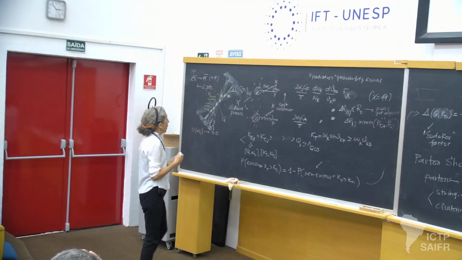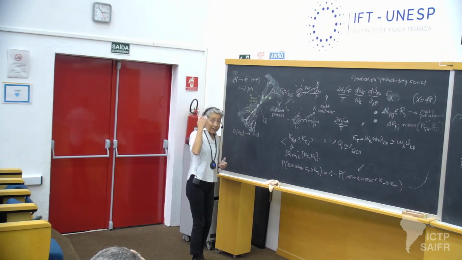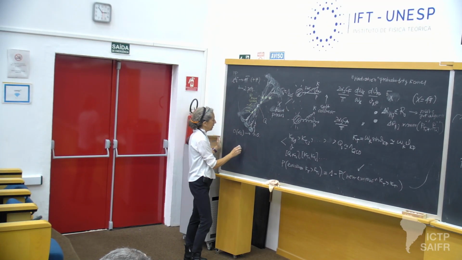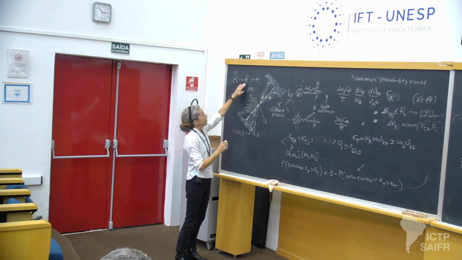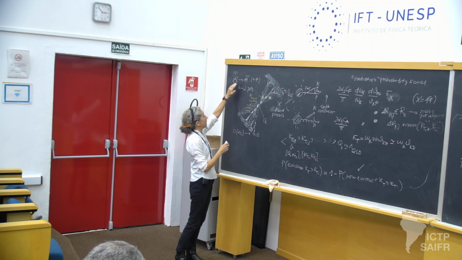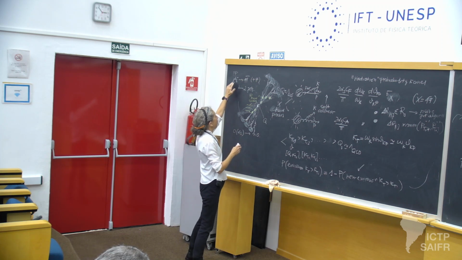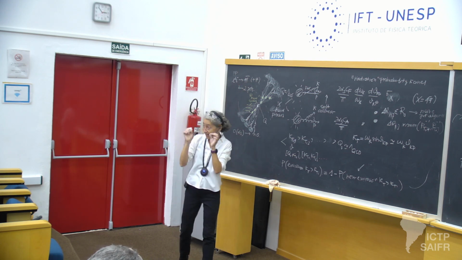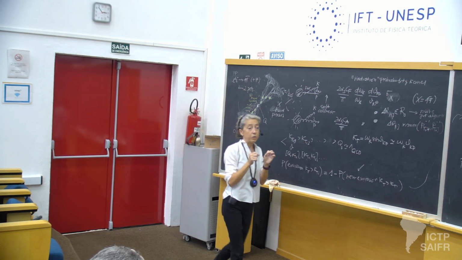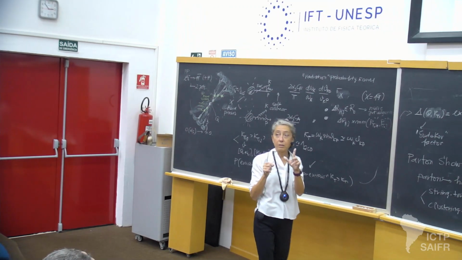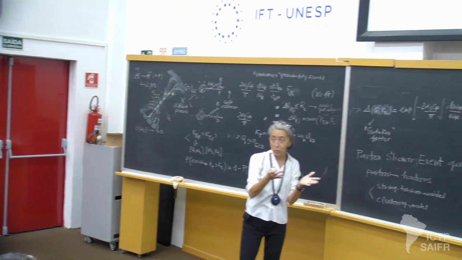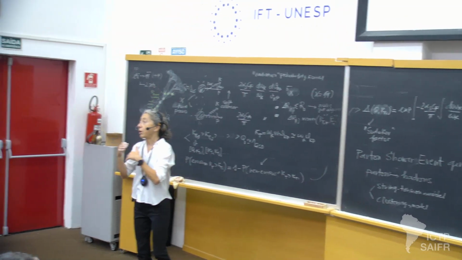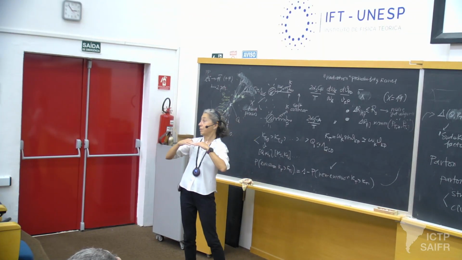So even for a process like e+ e- to q qbar, wouldn't it be better for us to calculate exactly e+ e- to 3 objects and then let the shower go, than to let the shower go from stage 0.